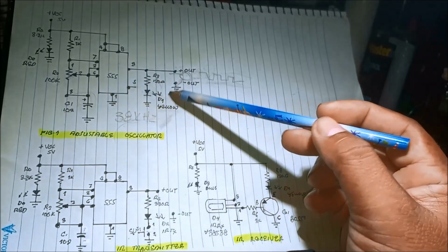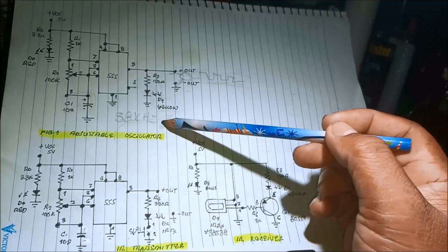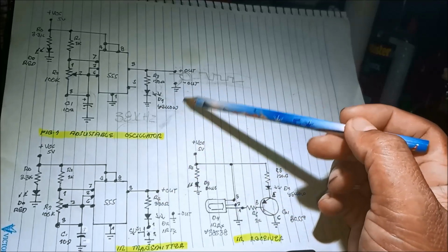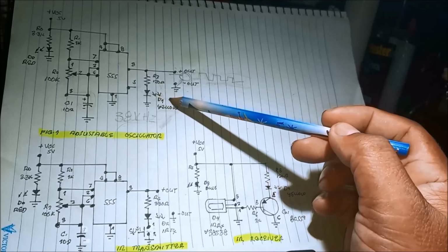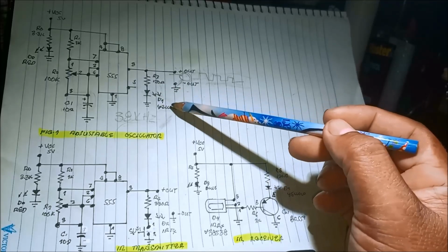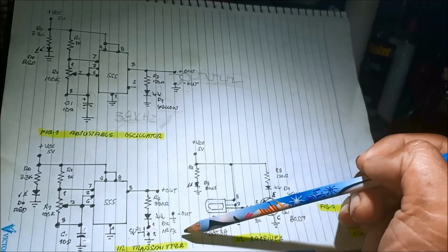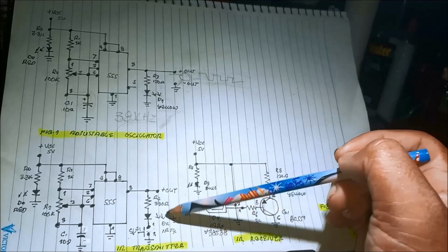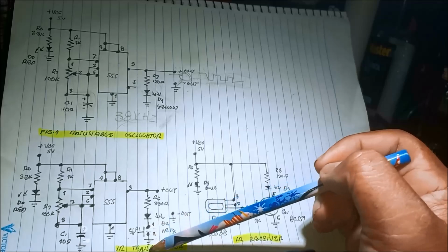The only difference is the LED used in the output. Here we were using an ordinary yellow LED output. Now we are using this infrared transmitter LED with a push button to the ground.